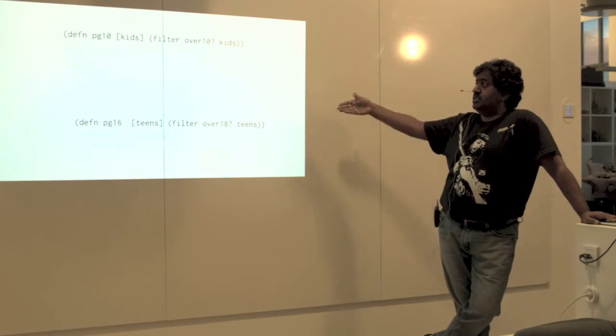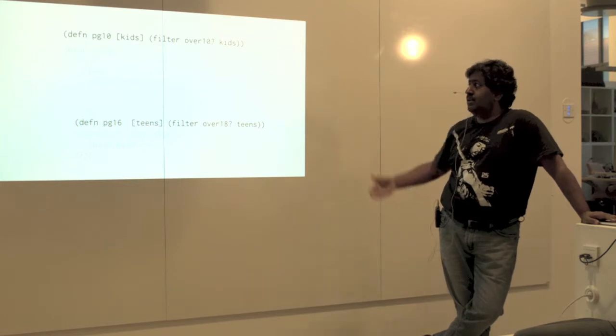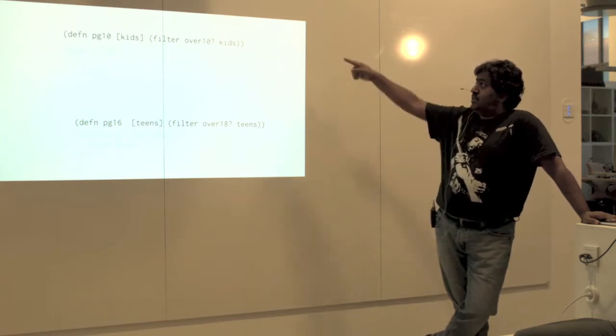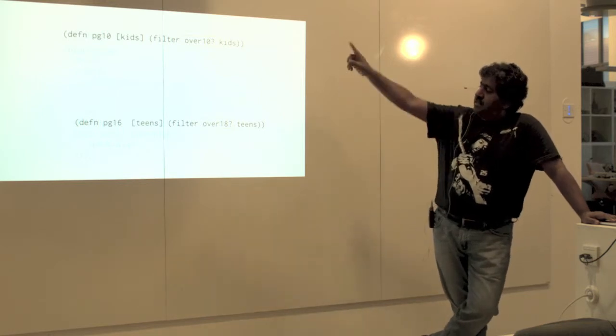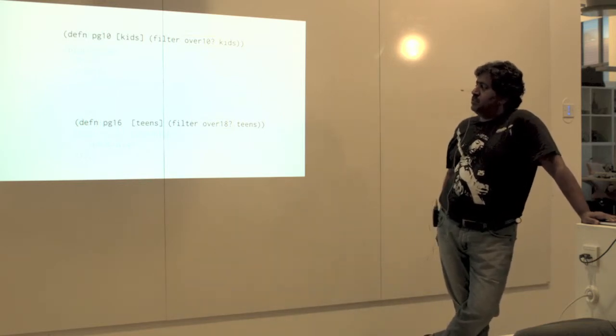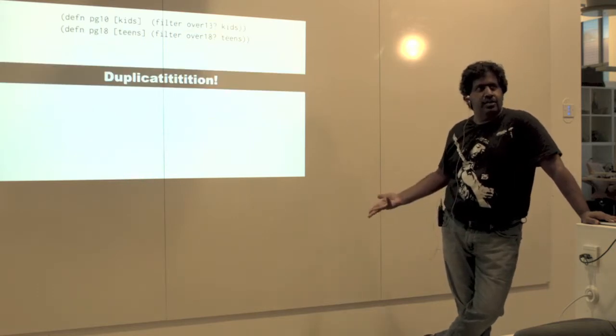Even if you're not a Clojure person, you should be able to start doing some pattern matching just on a text level. And then we realize, hey, that says over 10, this one says over 18. That says kids, that says teens. But more or less, the structure is the same. And so you have this duplication.